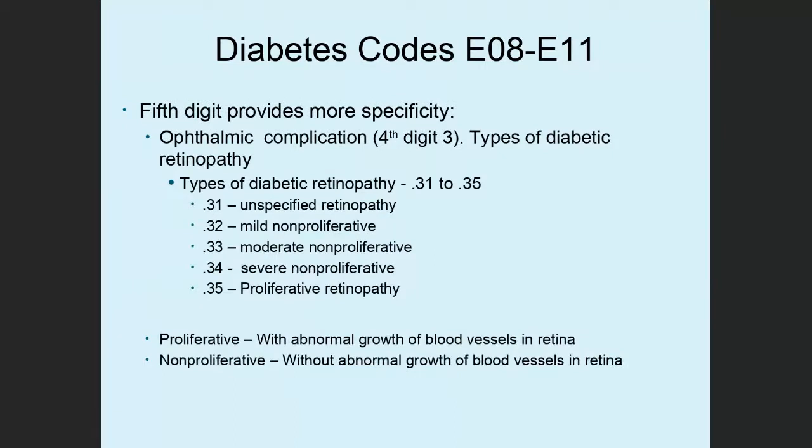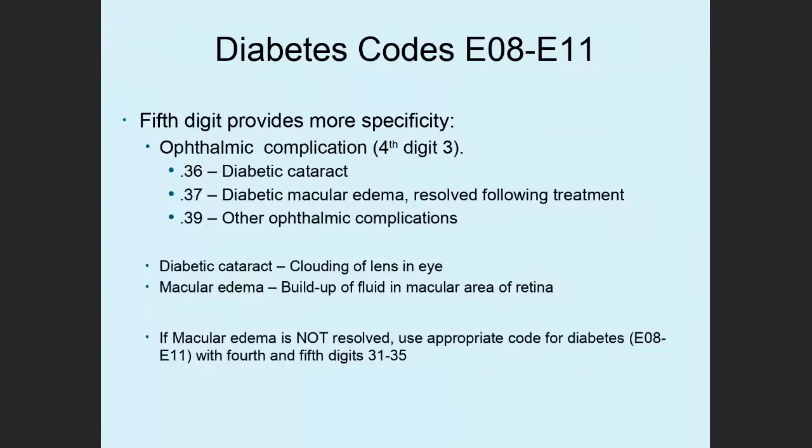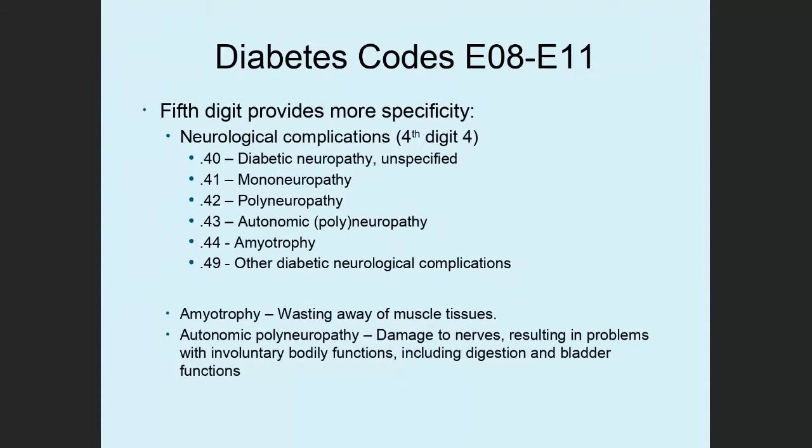So you go back to these. But if it has resolved, use the 37. So that's a little bit confusing. For neurological complications, you have codes for specific types of neuropathy, and then you have amyotrophy and autonomic polyneuropathy. So 40, 41 to 44, and then 49.